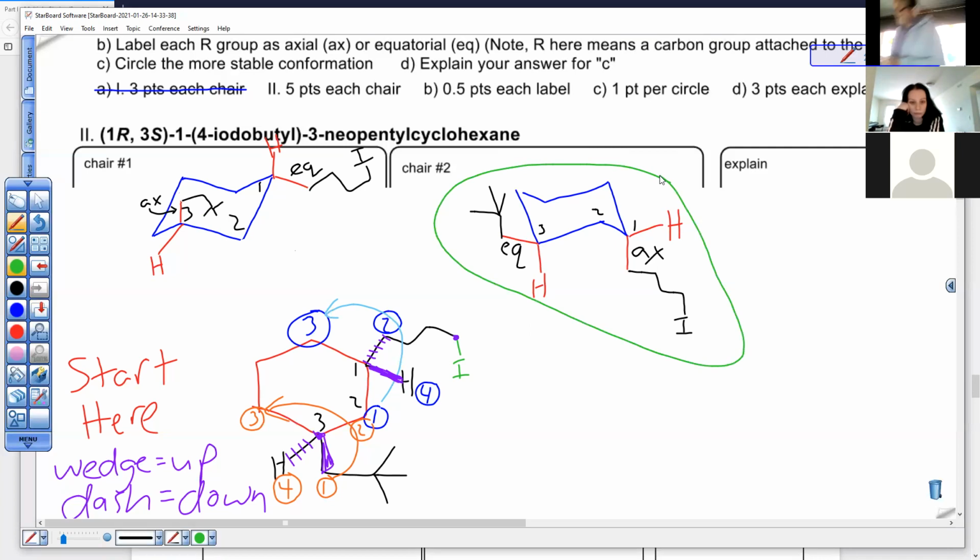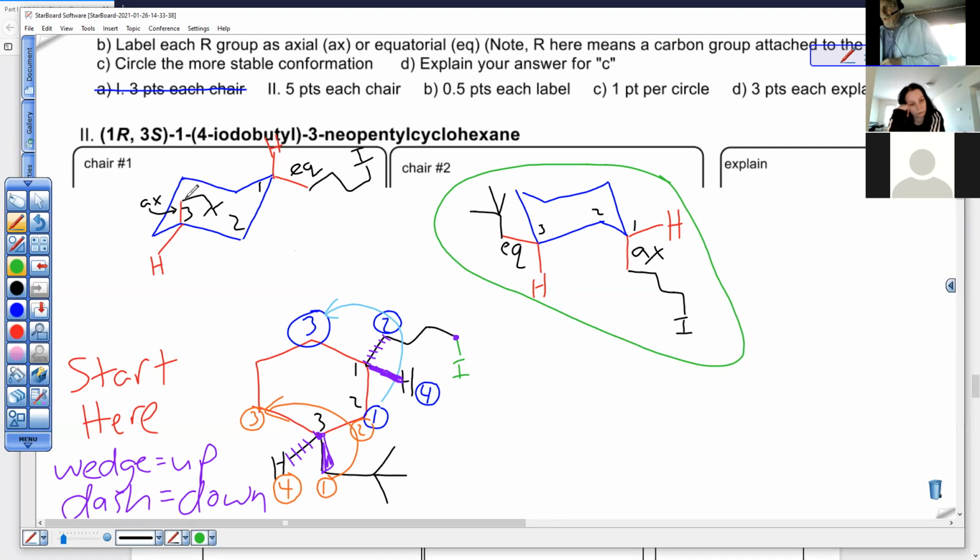That's a more stable structure. Remember, groups suffer from 1,3 diaxial repulsion. So in this conformation here, this group is suffering from a 1,3 diaxial repulsion with this H and the H that I didn't have to draw here. That's 2 carbons away. More importantly, this carbon here is suffering from 1,3 diaxial repulsion with this H here and this H here.